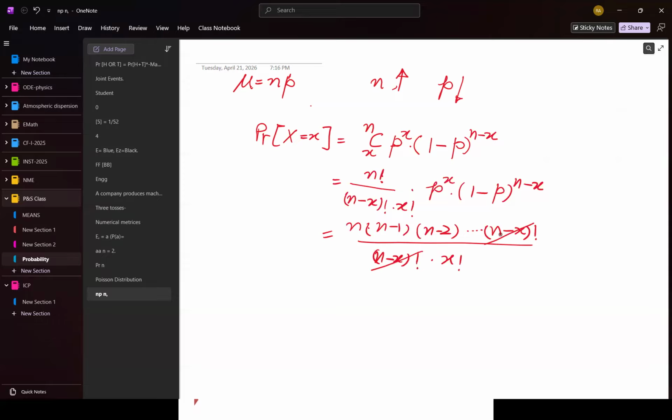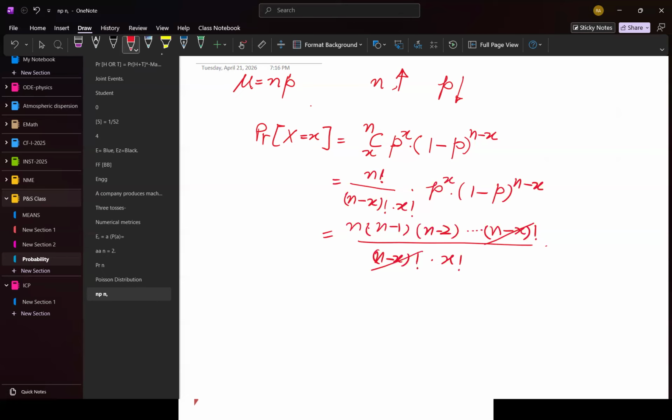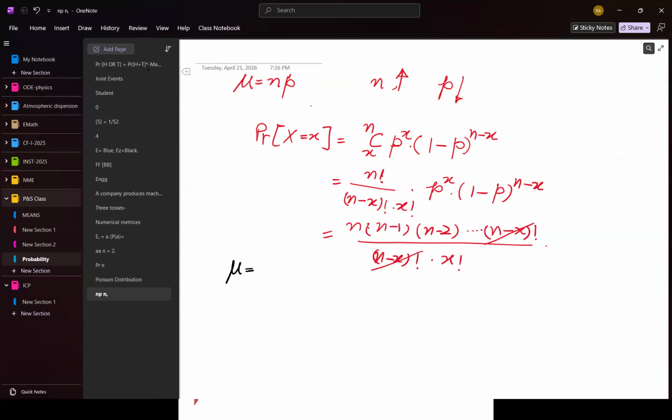So this will be eliminated, and then we consider that mu is equal to n times p. So p can be replaced by mu over n.